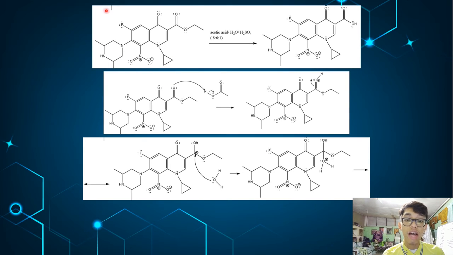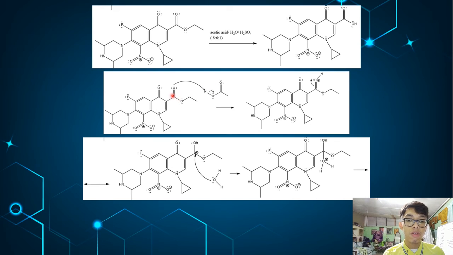Next is the reaction of that compound with acetic acid and water and sulfuric acid to give us this compound. So that reduces this ester here into a carboxylic acid. That turns rather.